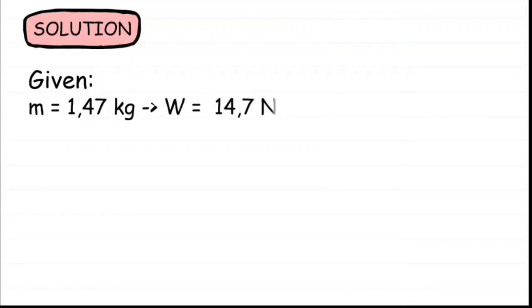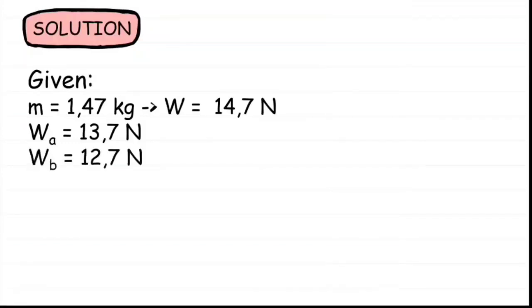Okay, the solution for number 5. First, write the given. We know that the mass of the gold is 1.47 kg. So we should convert it to weight by multiplying it by 10, so the weight equals 14.7 Newton. The weight of gold type A is 13.7 Newton. The weight of gold B is 12.7 Newton.